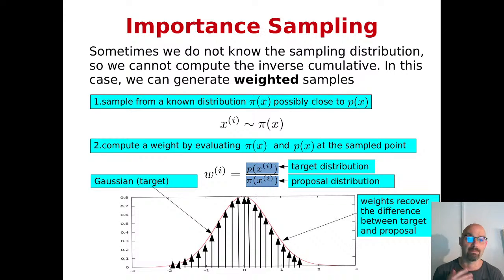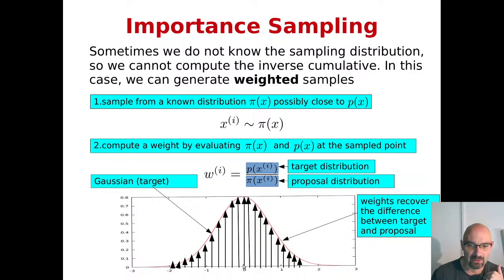Therefore, I could do a much better job if I was restricting my sampling space to this area over here, or even better, if I was sampling from a distribution which was as close as possible to the target one. Now, to the limit, imagine that we are able to sample from a distribution which is very close to P. What would happen then?